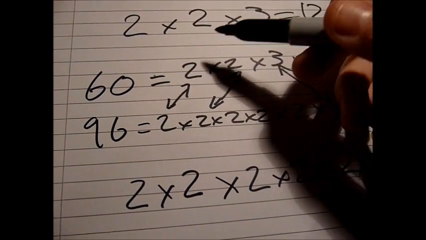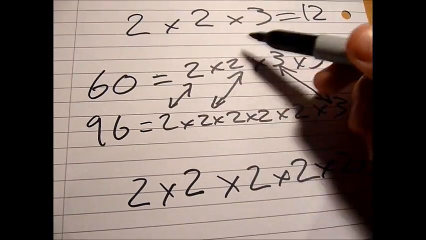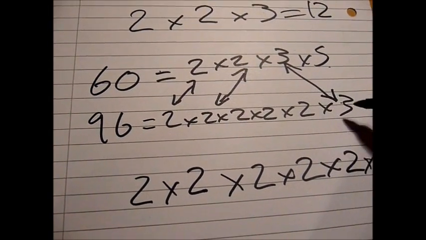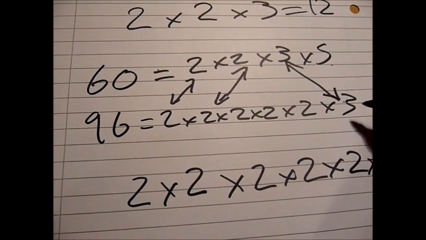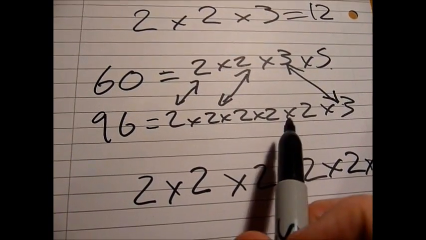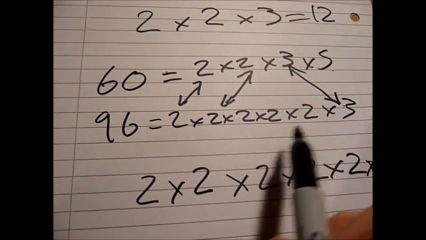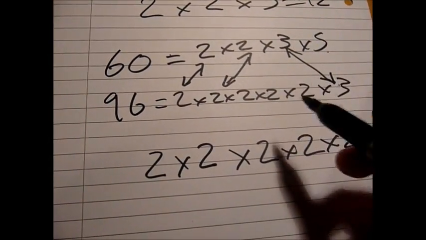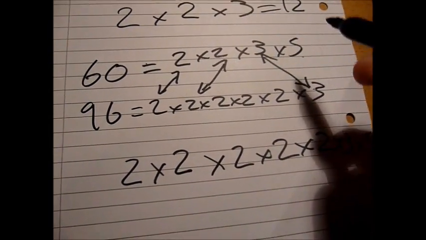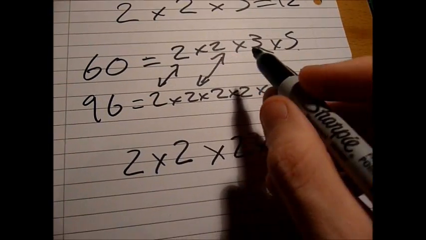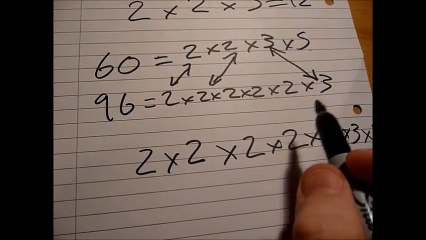So basically you see which ones are common, and then you only count them once. So if there are two 3's, you'd only count 3 once. You don't put any extra numbers in. You wouldn't do 2 times 2 times 2 times 2 times 2 times 2 times 2 times 3 times 3 times 5. You would just cancel the numbers that are in common, and then just use them once.